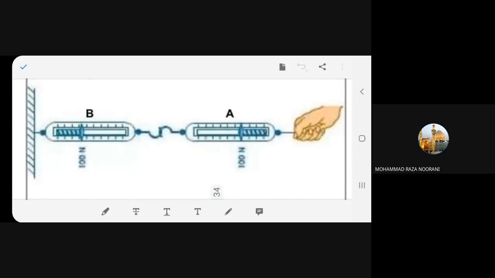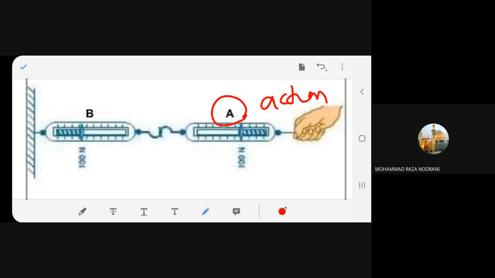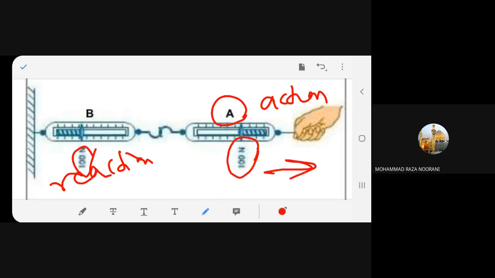A is action and B is reaction. Both are equal, can you see this? 100 Newton. Both are equal, but opposite. Is it clear? Because I am pulling this and this is fixed over here, so obviously the fixed one will pull back like this.